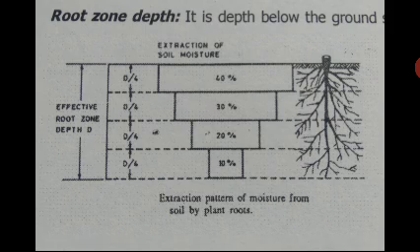Look at the screen, the roots grown below the surface in the soil, and the soil layer covered by the roots is called the root zone or root zone depth.